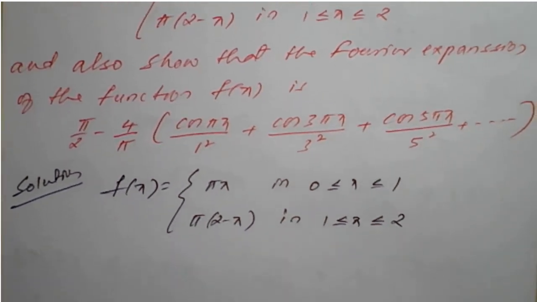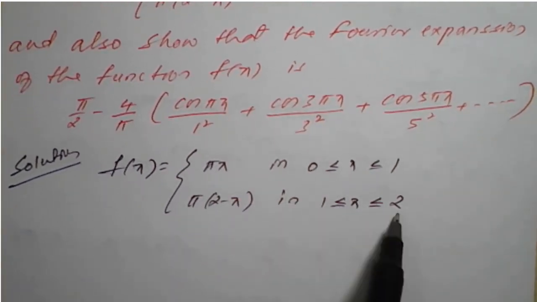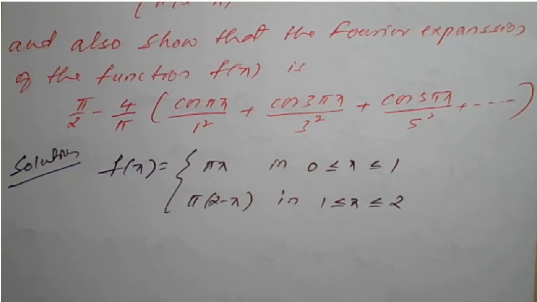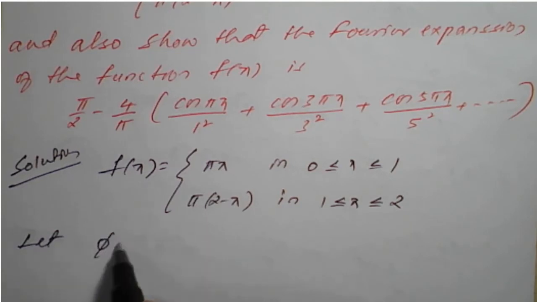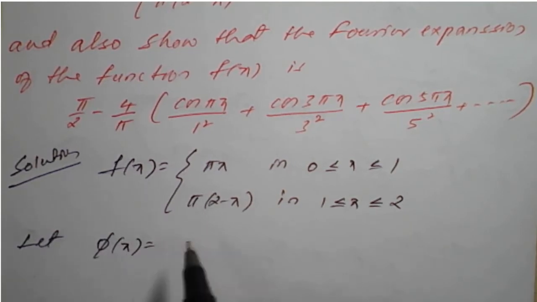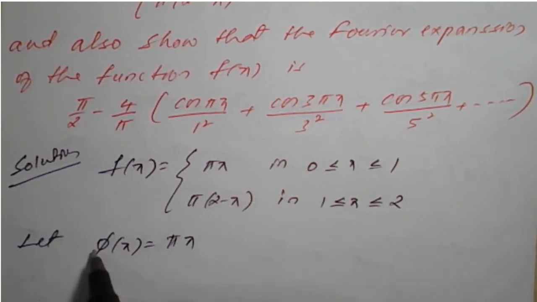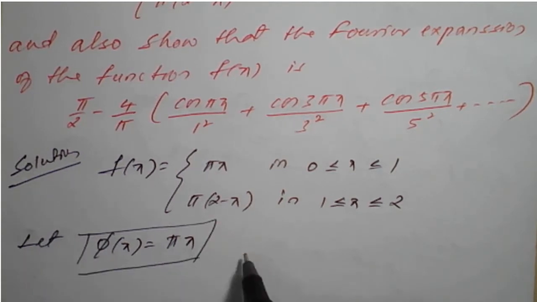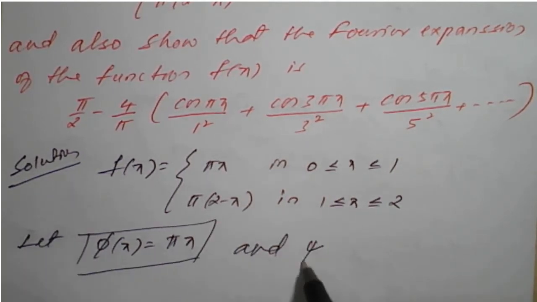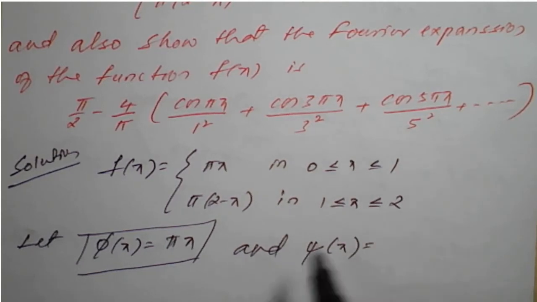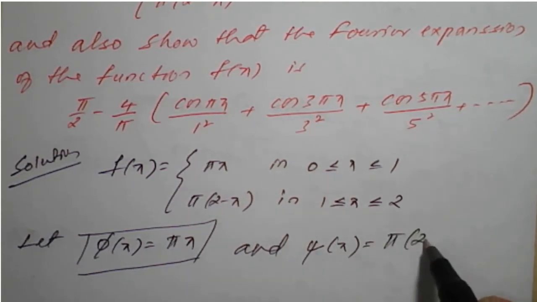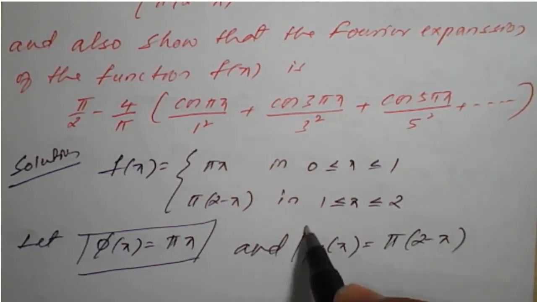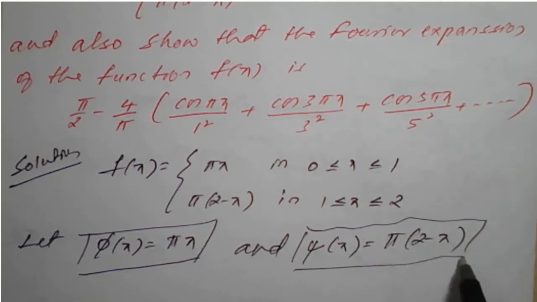So just see the arbitrary interval is there, that is 0 to 2 is the arbitrary interval. So here we'll consider the first function phi of x is equal to pi x, and another function psi of x is equal to pi into 2 minus x. So we have considered two functions.